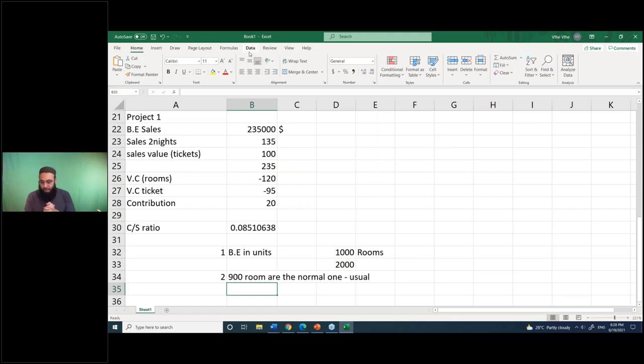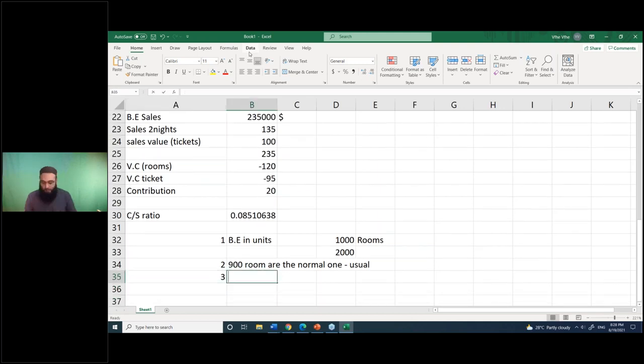Now, how many rooms do you have in quarter 1? That's the question. So let's work out rooms availability in Q1.